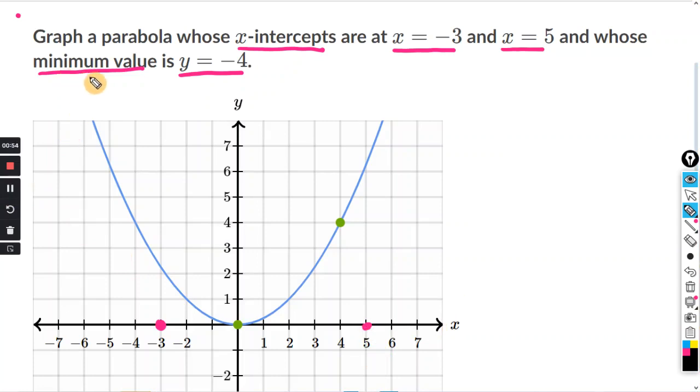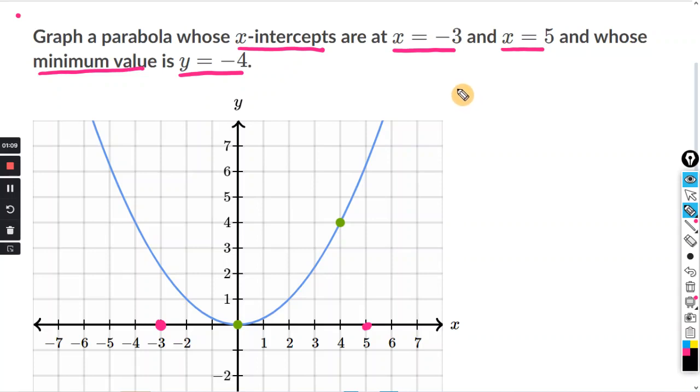Now right here it says the minimum value is y equals -4. The minimum value is going to be exactly in between the x-intercepts. It's basically going to be the midpoint of the x-intercepts.